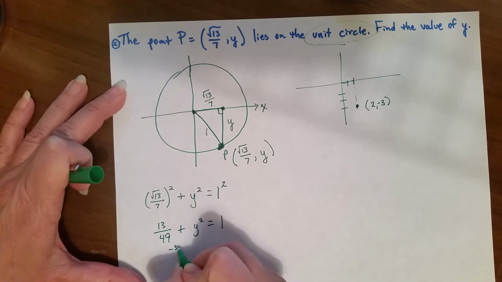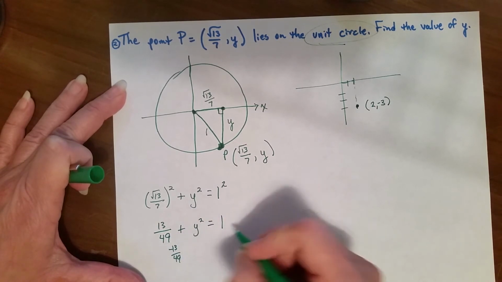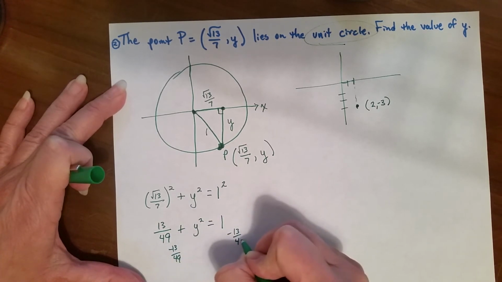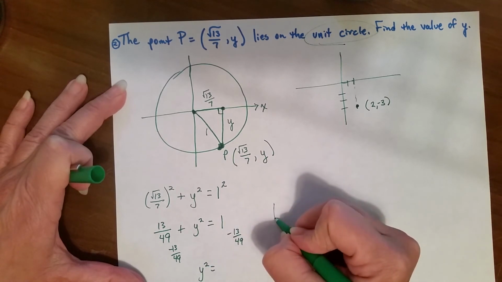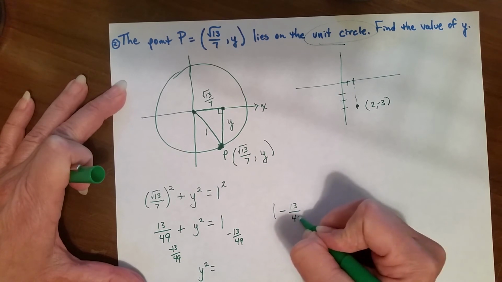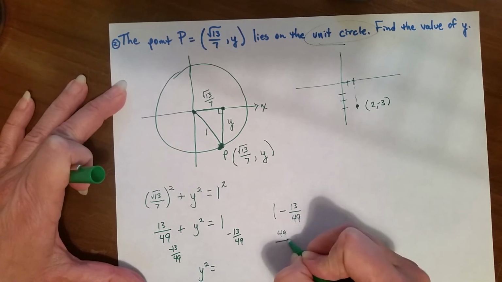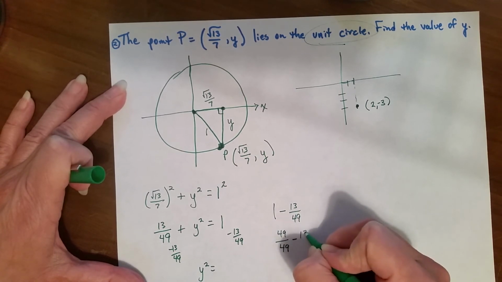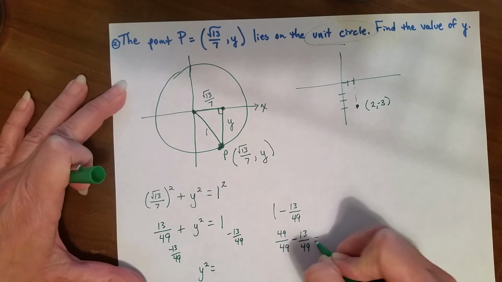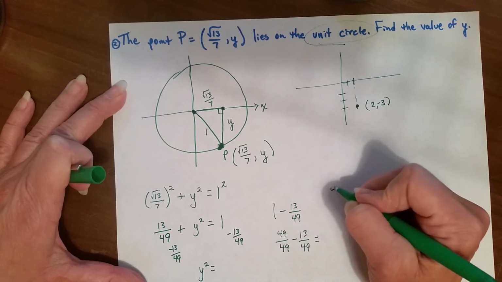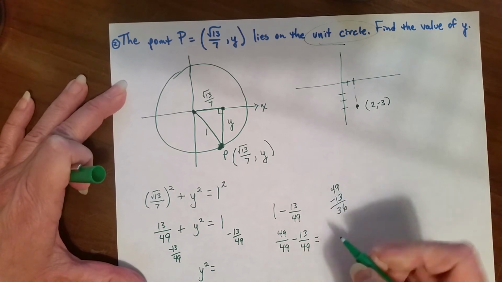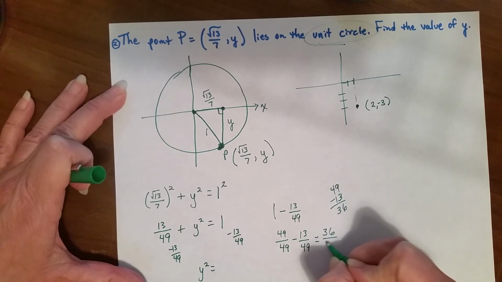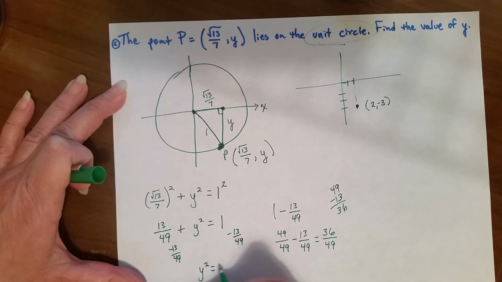Now let's subtract 13 over 49. So y squared equals 1 minus 13 over 49, so that's 49 over 49 minus 13 over 49. 49 minus 13: 9 minus 3 is 6, 4 minus 1 is 3. So that's 36 over 49. So y squared is 36 over 49.